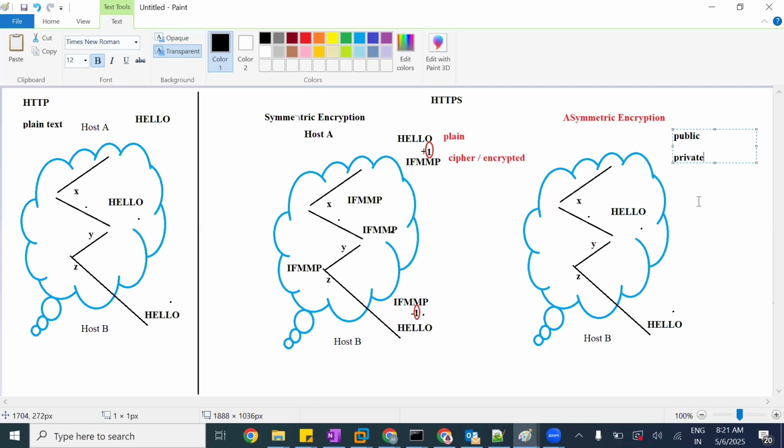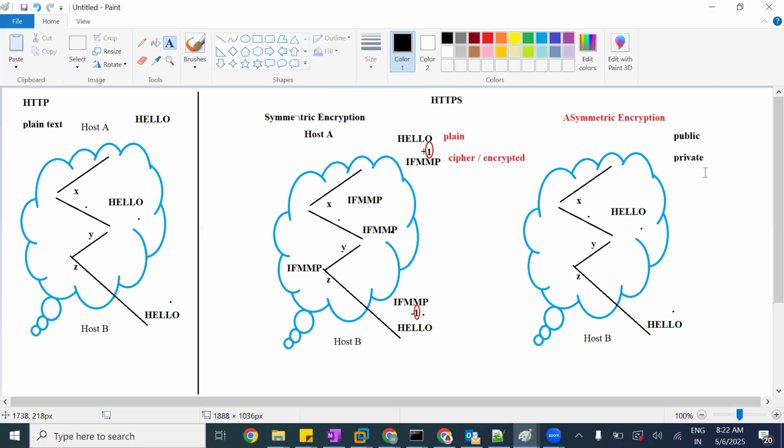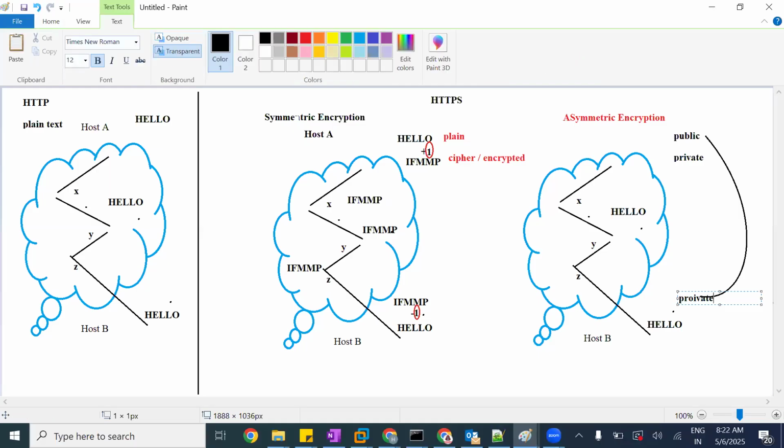The algorithm will manage it in such a way that if you are using the public key for encryption, then for decryption we need to use the private key.